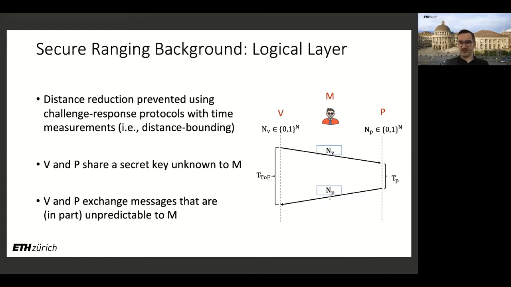That will again be unguessable to the adversary, and the round trip time of flight will be measured. Now the adversary clearly, since he cannot guess NV and NP in advance before they're sent, he cannot shorten this distance. He can only enlarge this distance, and that's the unpredictability of these messages is essentially what should keep these protocols secure.